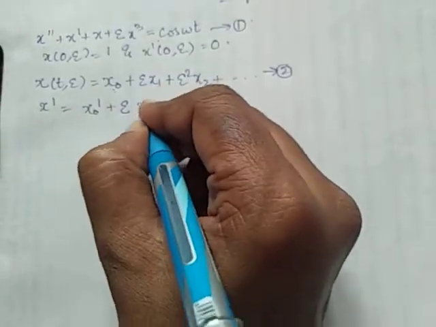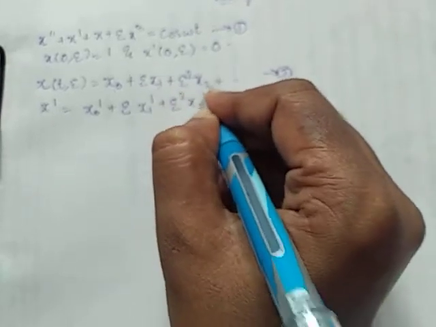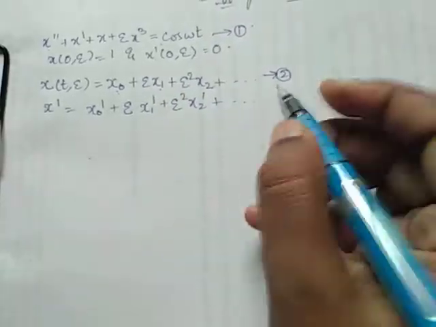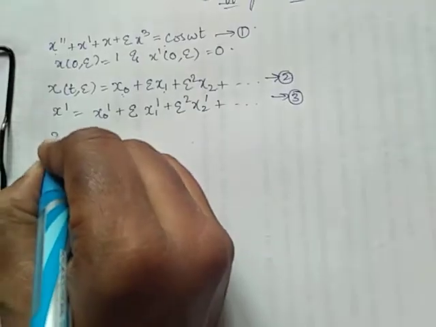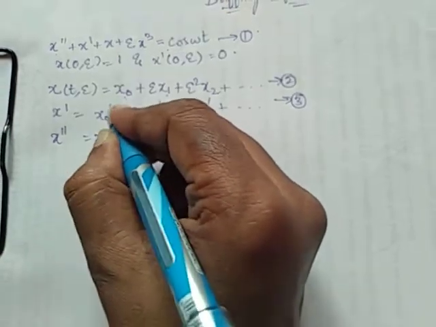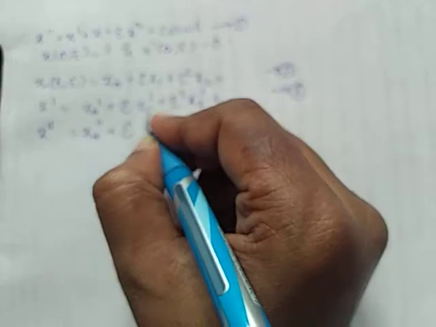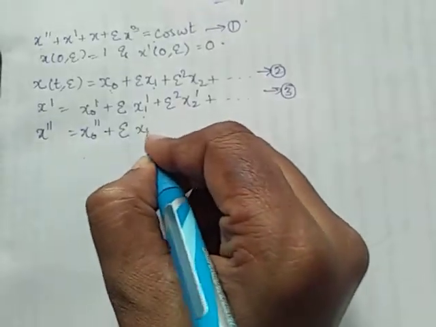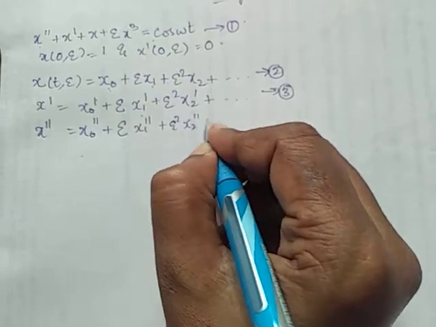Differentiation of x1 is x1 dash, differentiation of x2 is x2 dash, plus etc. I'll take this as equation 3. If I differentiate this again, I'll get x double dash: x0 double dash plus epsilon x1 double dash plus epsilon square x2 double dash, etc.